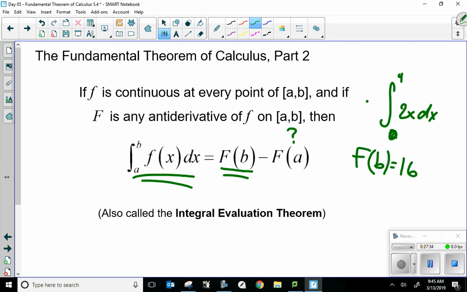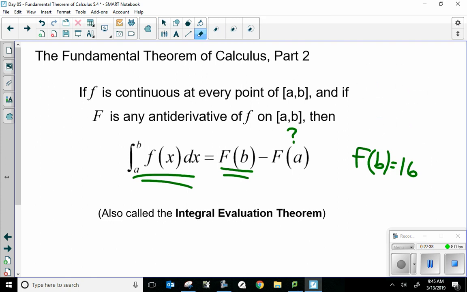In fact, they might not even give you the details because you could do that out. They just might say this: the integration from b to a of f of x might be, I don't know, 7, and F of b is 16.